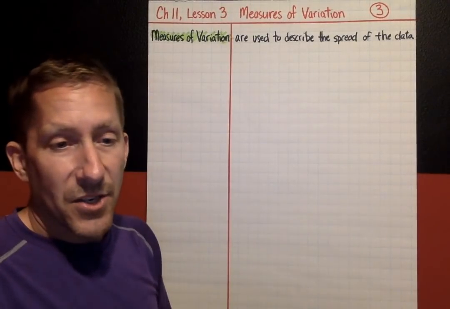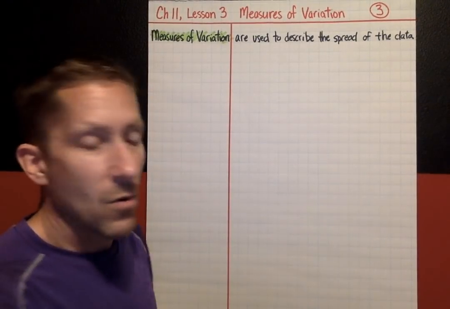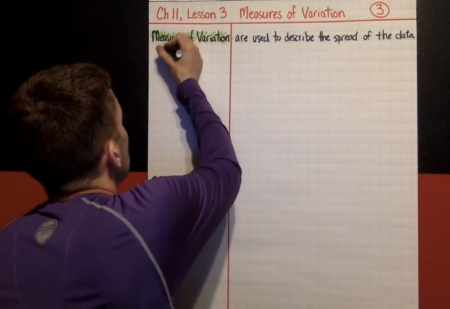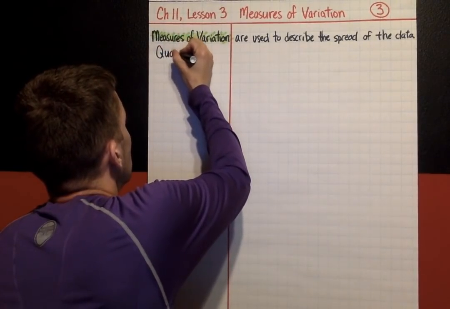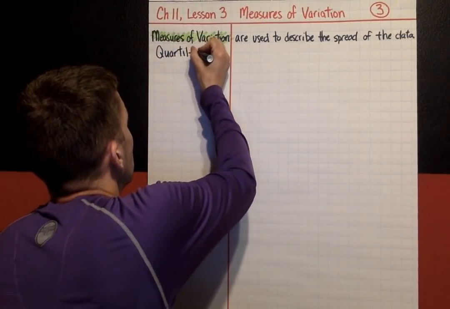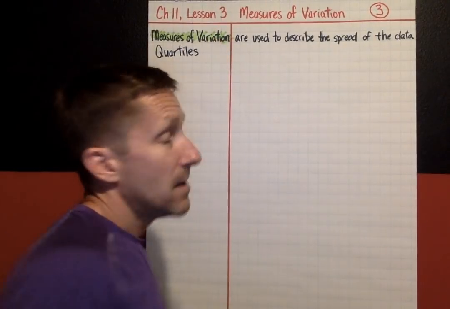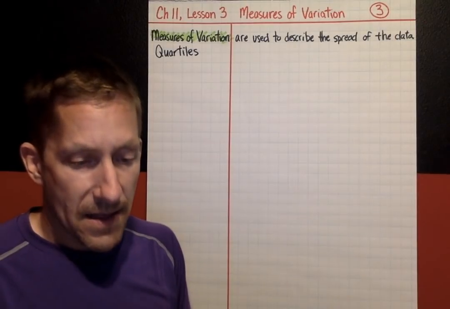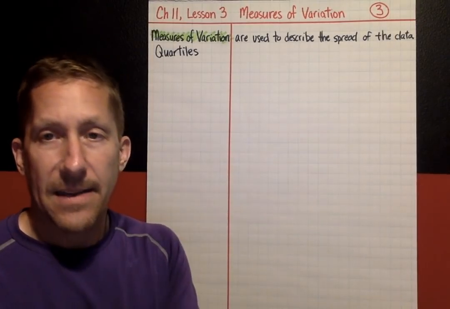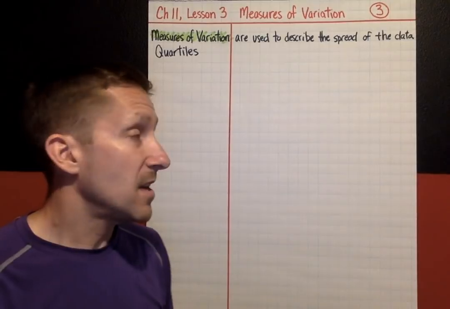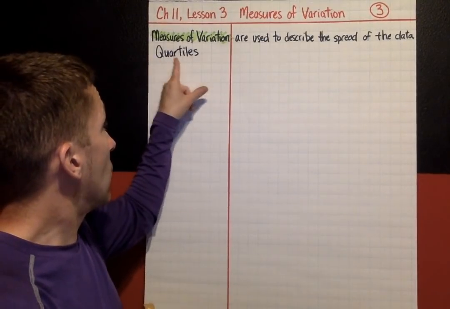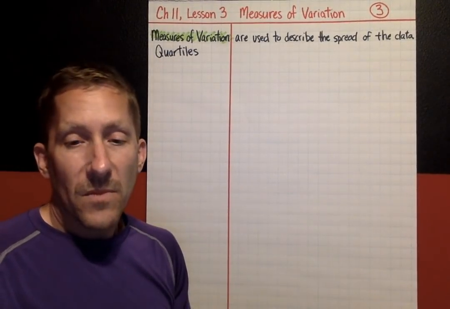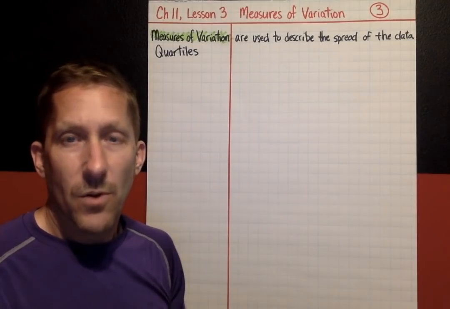And one measure of variation is called quartiles. And the quartiles are values that divide the data into four equal parts. If you think QUAR like quarter, there are 4 quarters in a dollar.